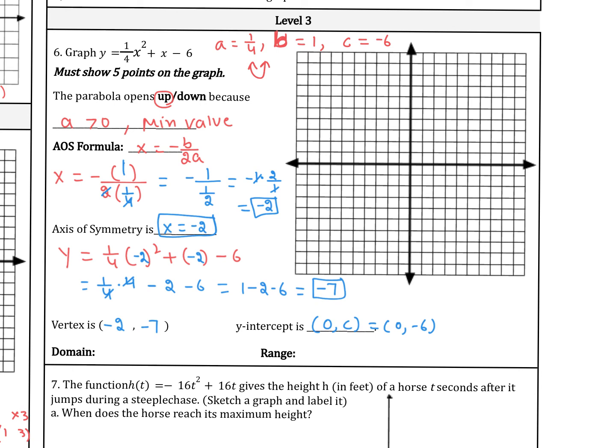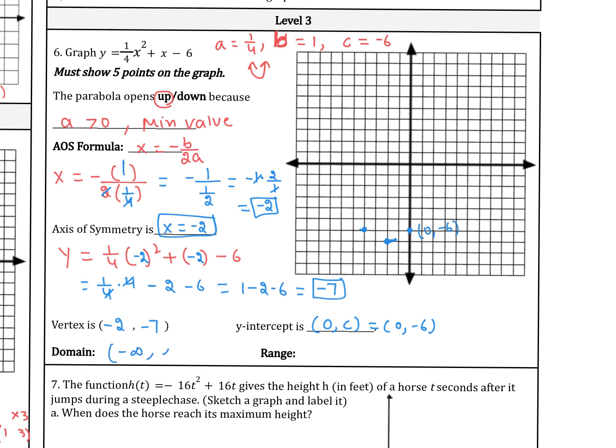When you plot this -2 comma -7, so 1, 2, 3, 4, 5, 6, 7, this one, so -2 comma -7, and 0 comma -6 is your other point, which is the y-intercept.